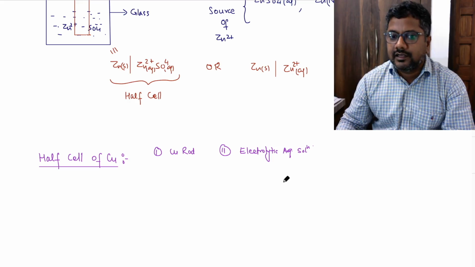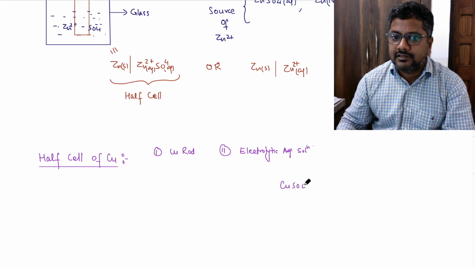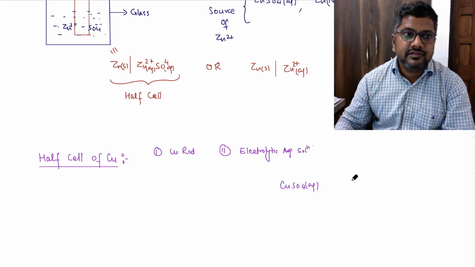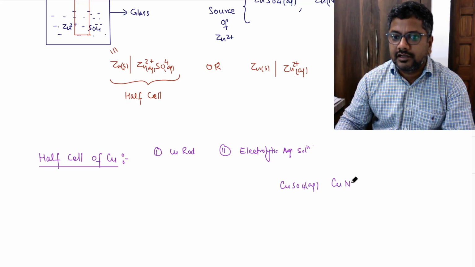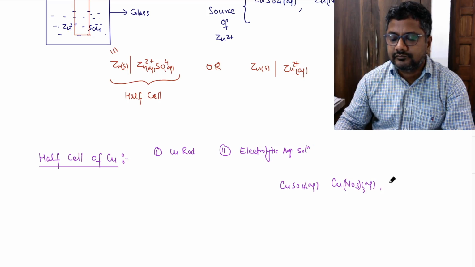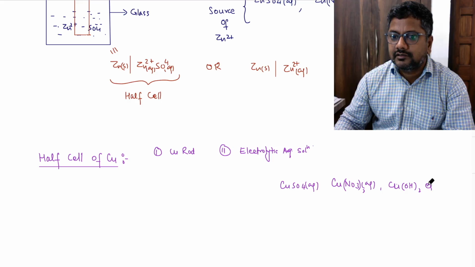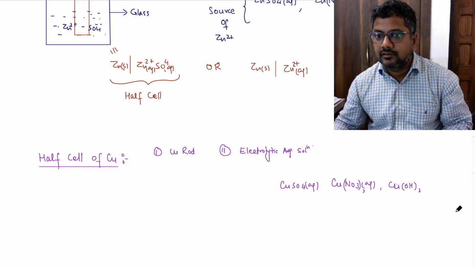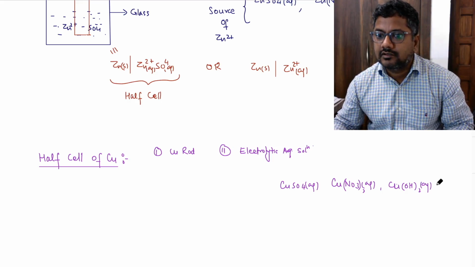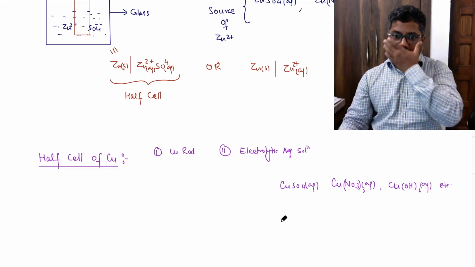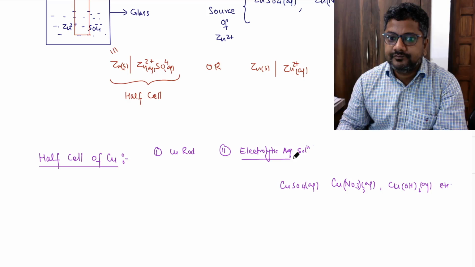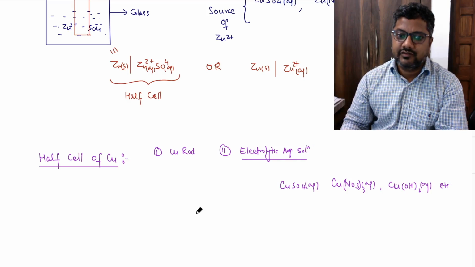So you can take copper sulfate aqueous, copper nitrate aqueous, copper hydroxide aqueous, etc. So this is the electrolytic solution.